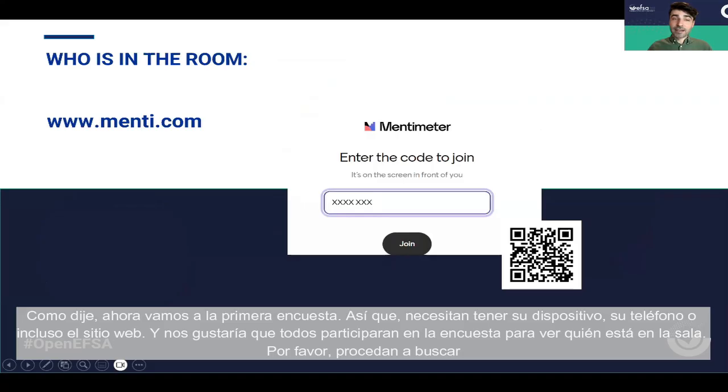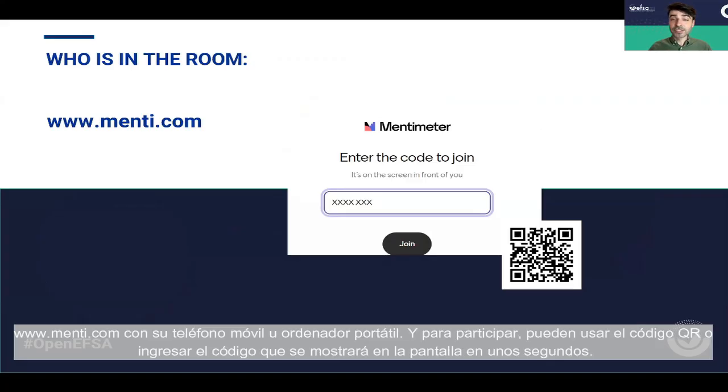As I said, we're now going to the first poll. You need to get your device, your phone, or even the website. We would like all of you to participate in the poll to see who is in the room. Please go to www.menti.com with your mobile phone or laptop. To participate, you can either use the QR code or enter the code displayed on the screen.